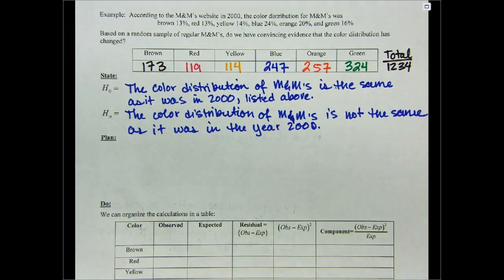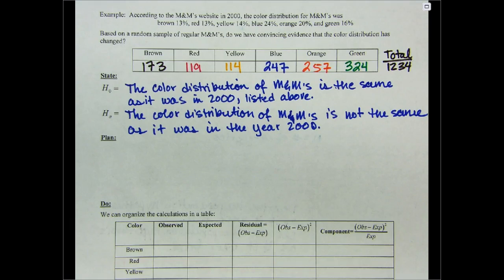Oops, 2000, not 200. That's how you write your null and alternative hypotheses. Now, how would you know that you needed to do a chi-squared? Because they're asking us about six categories of proportions, not just one, not just whether the browns are still the same. It's all the colors together.